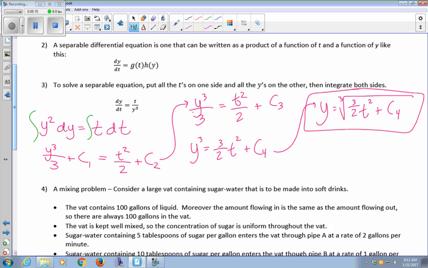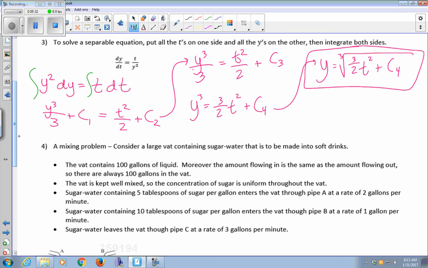We could check it because we did a bunch of checking last class. We could check it by taking the derivative of this thing, replacing dy dt with that, and then doing t divided by that thing squared. Make sure one side equals the other. It's a solution. So that's how you do separation of variables.